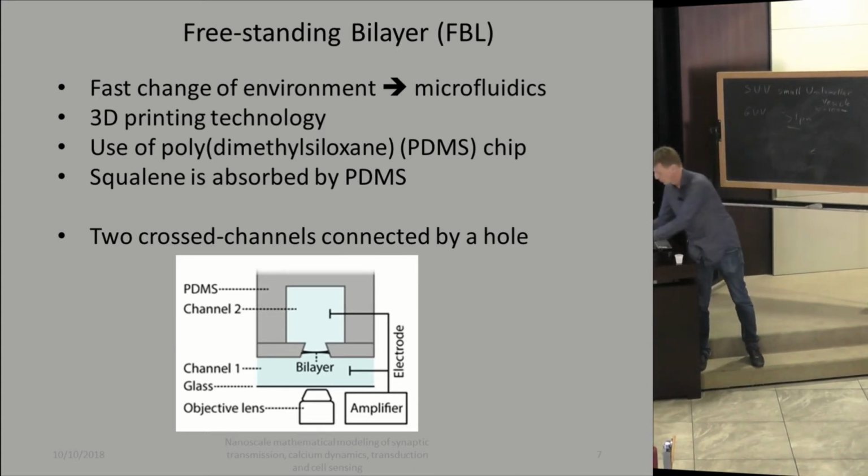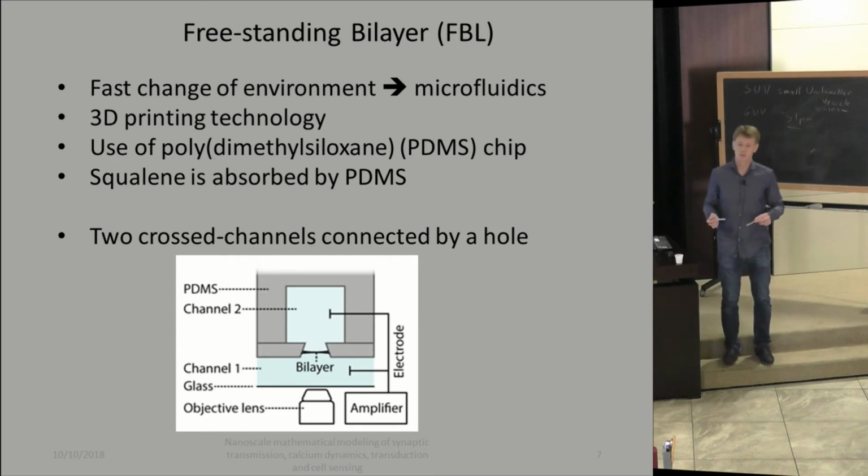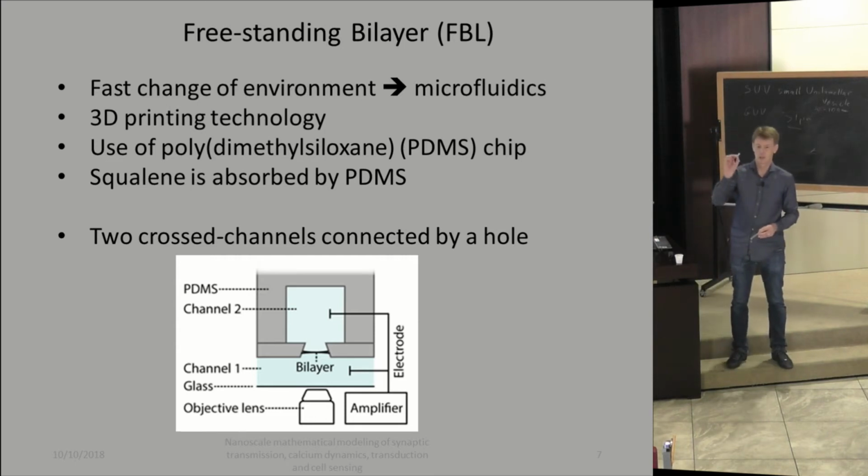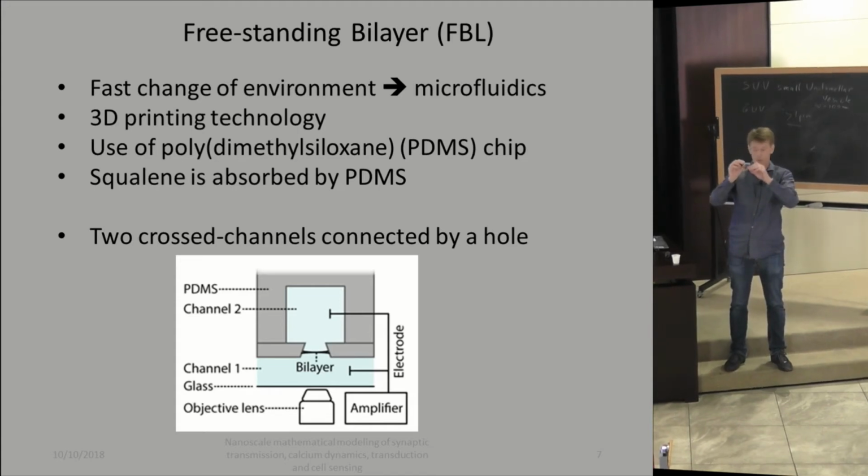So we designed a very simple microfluidic chip. One channel on top, one channel at the bottom, crossing like this, and a tiny hole between the two. Typically, the tiny hole will be 100 micrometers in diameter. And that's where the bilayer will form. So we have two channels, and the bilayer will form in between.